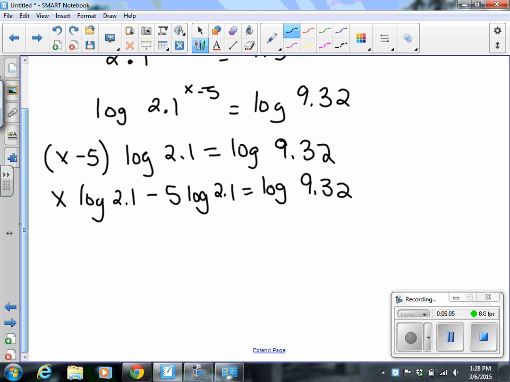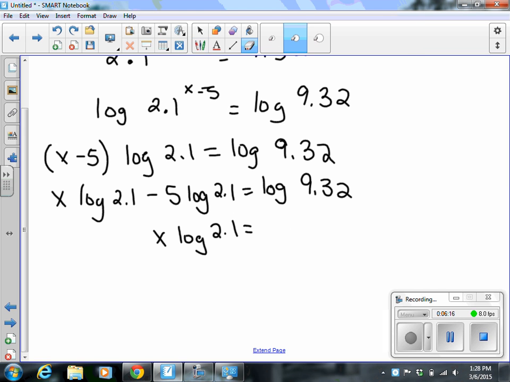Okay, so in order to get x log 2.1 by itself, I'm going to add that 5 log 2.1. It's a lot of writing, I know.